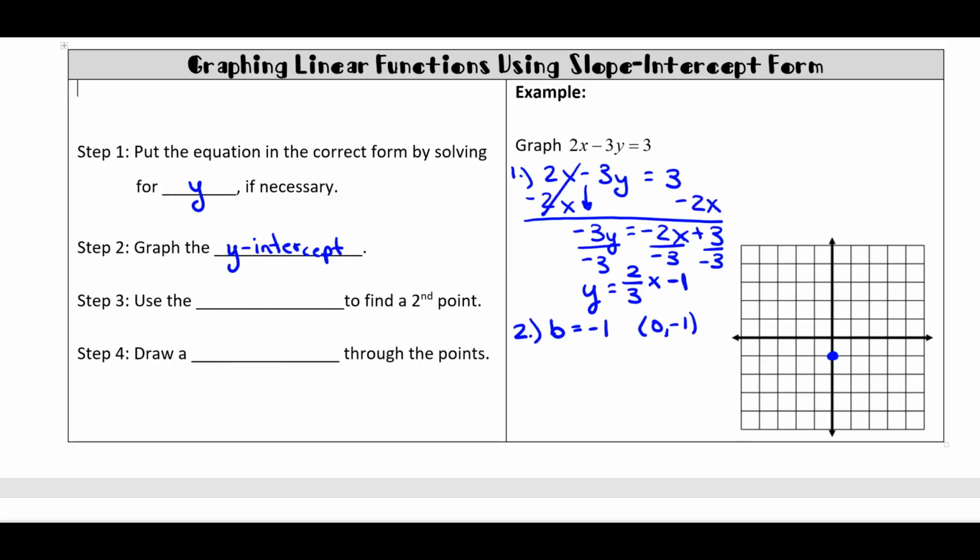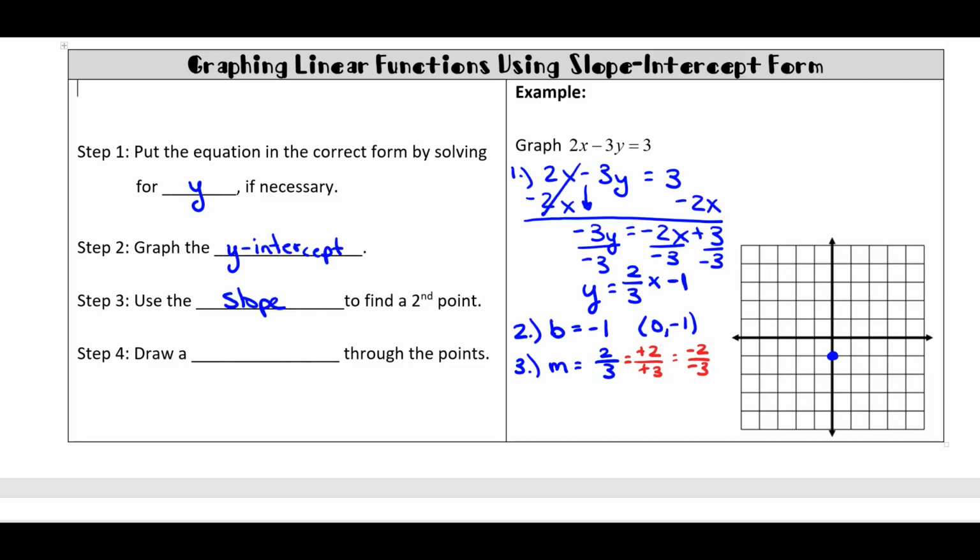Step 3 is to then use the slope to find additional points. Our slope in this problem is 2/3. This can be written as positive 2 over positive 3, or negative 2 over negative 3. Remember, if it's positive, then there are going to be the same signs on top and bottom.